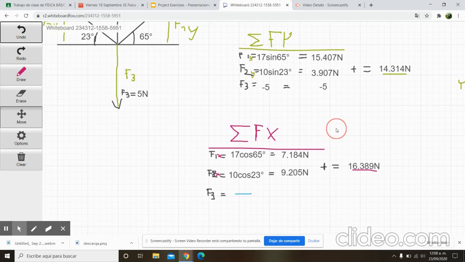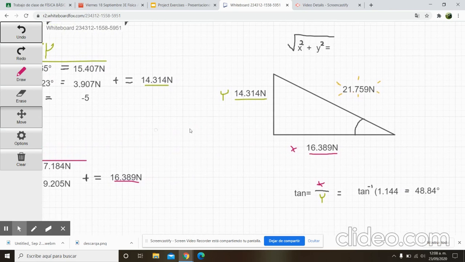Now we're going to graph the right triangle. We have the y-axis, which is the result of this, and the x-axis, which is the result of this one.